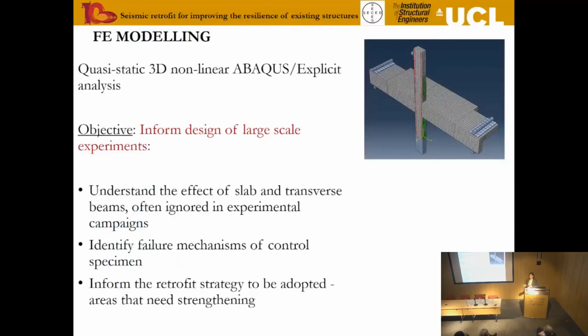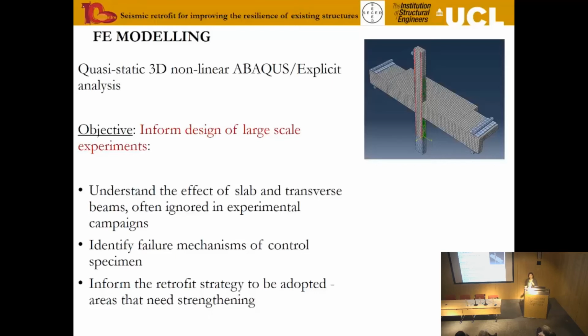Before we embarked upon the full-scale experiments, of course these things are expensive, we decided to build an Abaqus model of the experiment. We only modeled half the structure because of symmetry, and essentially we're trying to understand, first of all, the effect of the slab and the transverse beams. Note, these are often ignored in experiments in the literature. The result of that is they're also ignored in codes of practice.